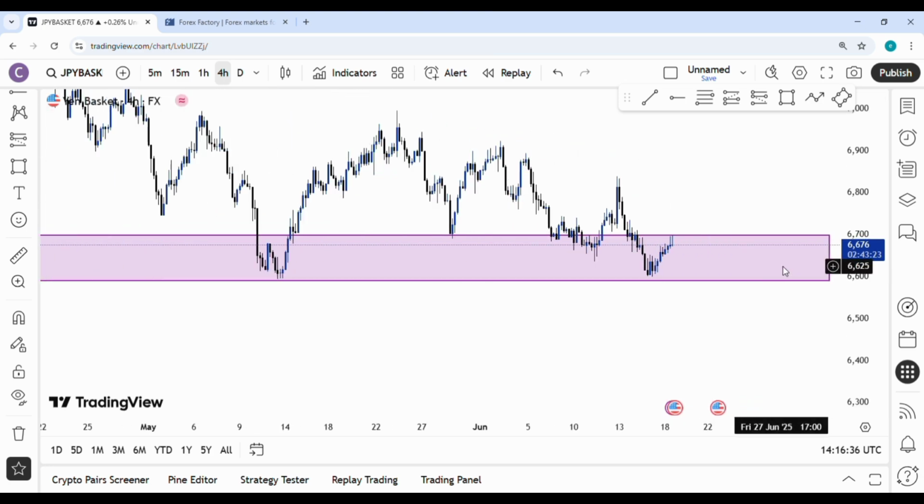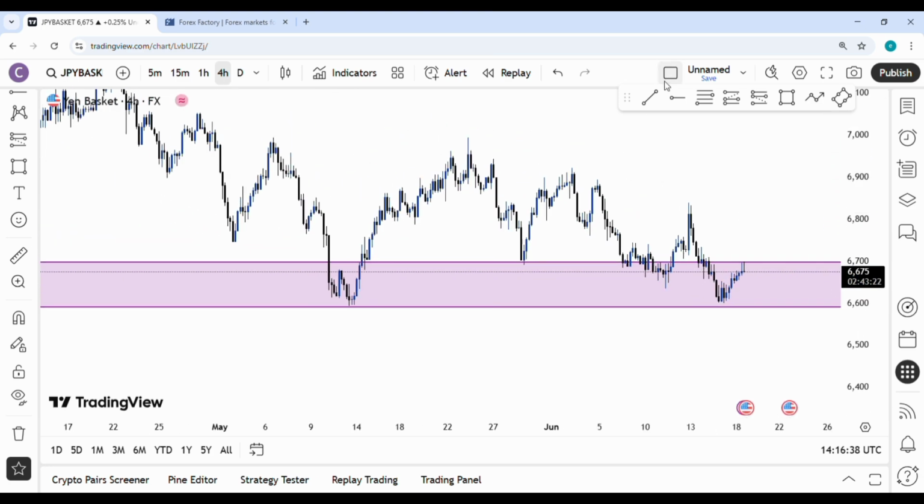In our 4-hour time frame, we are bearish. And for you to have a very perfect entry, your 4-hour time frame, your daily time frame, and 15-minute time frame must be moving in the same direction for you to be able to consider if you are bullish or bearish. So as for now, we are not yet ready till the 4-hour time frame aligns with the daily time frame by pushing to the upside.